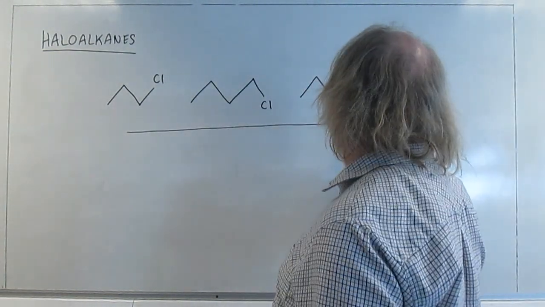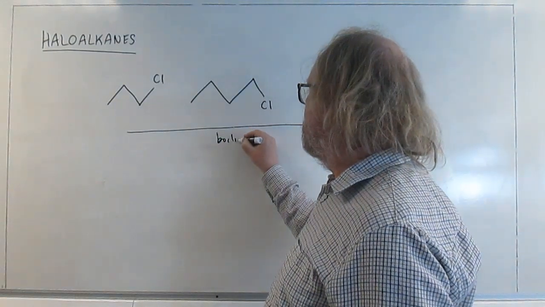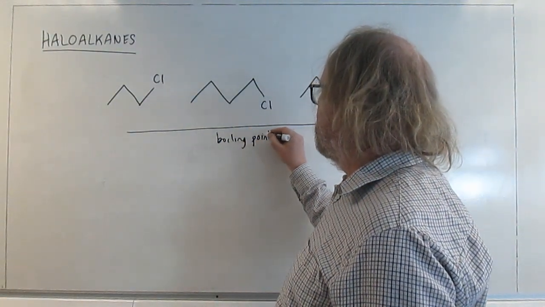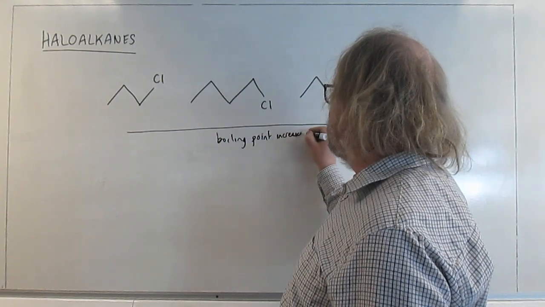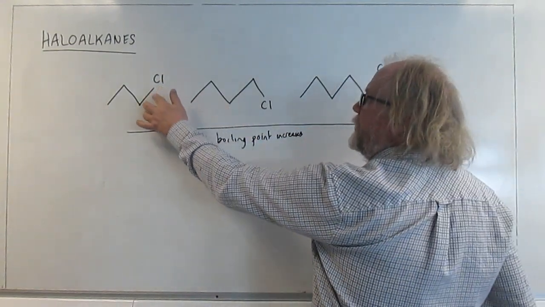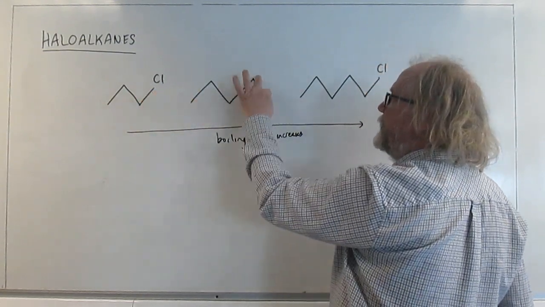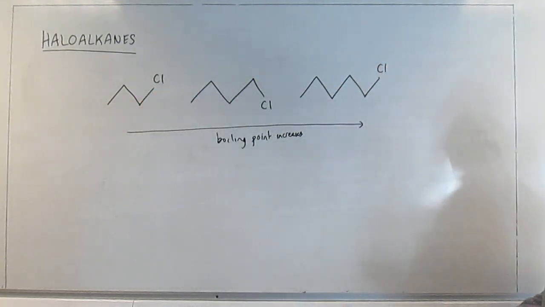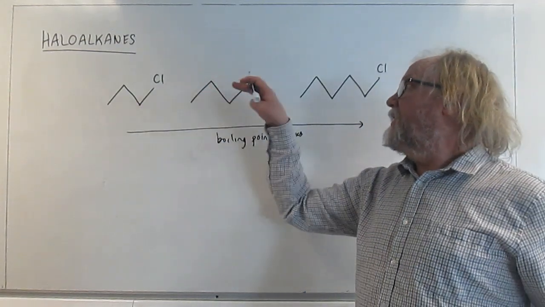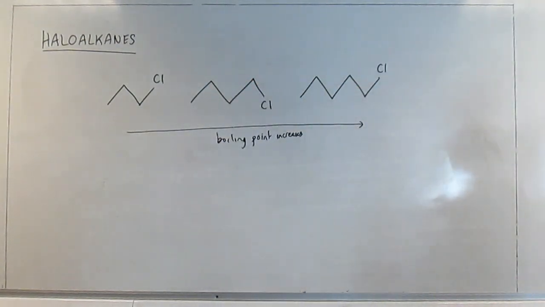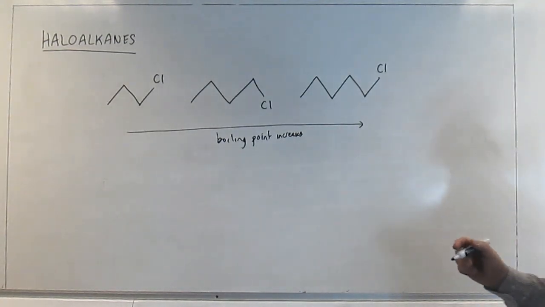The boiling point increases as you increase the length of the chain. And that's because in addition to the permanent dipole-dipole forces that are associated with that bond, you still have induced dipole-dipole forces, and as you increase the size of the molecule, you increase the surface area in contact with other molecules, and therefore you increase the number of induced dipole-dipole forces that have to be broken. Hence, more energy is needed and the boiling point increases. So don't ignore the induced dipole-dipole forces just because there are other things as well.